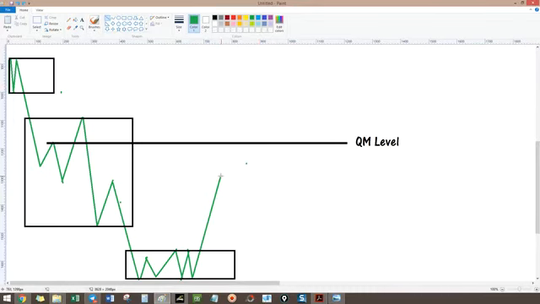Okay, you have a fake out. This is the full setup for QM. Okay, the one that looks nice but will fail.